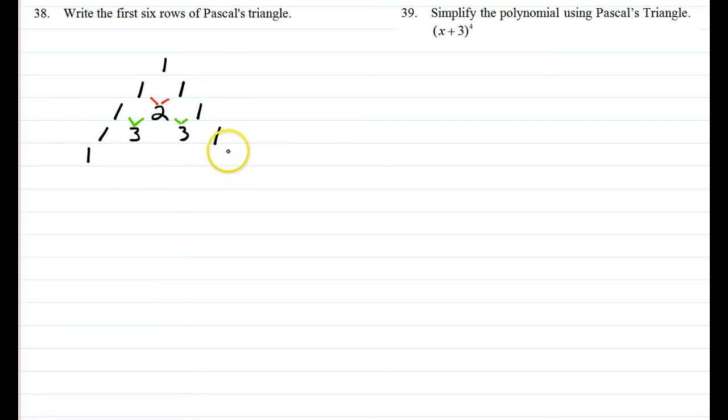Outer edge is 1. And now the inner numbers. So we're going to have 1 and 3, 3 and 3, 3 and 1. So we have 4, 6, 4. Outer edge is 1. 1 and 4 is going to make 5, 10, 6 and 4, 10, 4 and 1, 5.